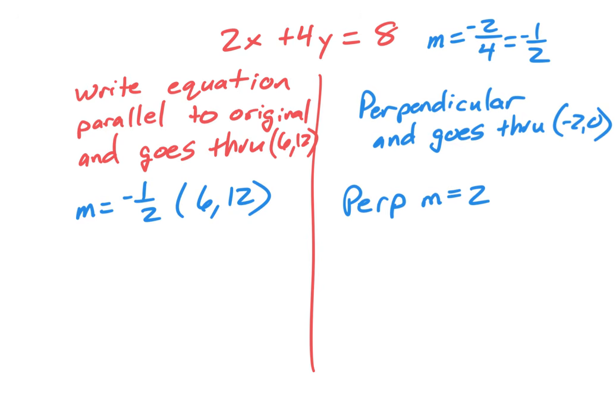So if this is negative, this has to be positive. So we would use 2 as our slope, we would use negative 2, 0 as our point, and we would write it out using y equals mx plus b. So the rest of the steps are things like we did earlier in the lesson, but just the way the question is worded is a little different.